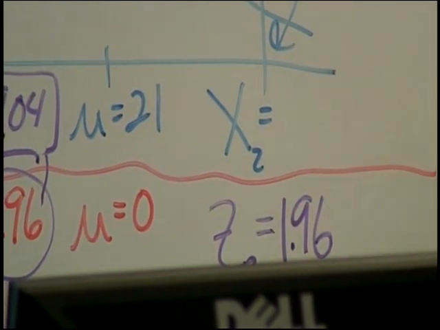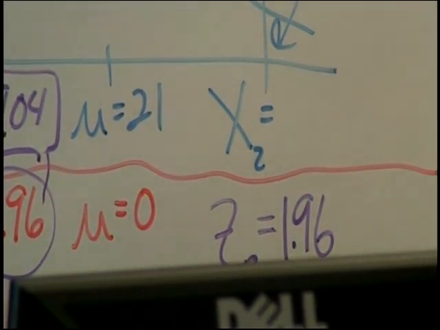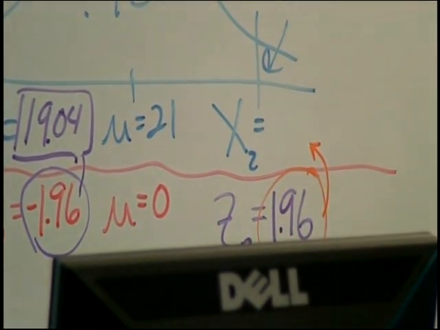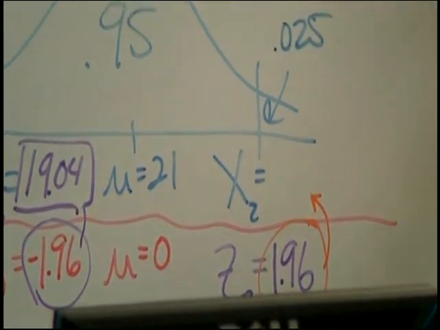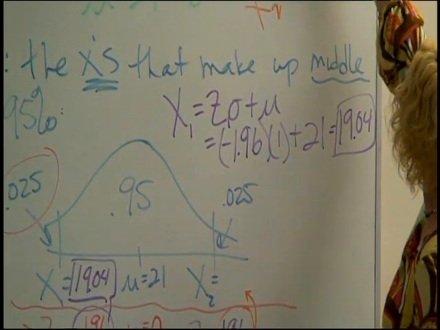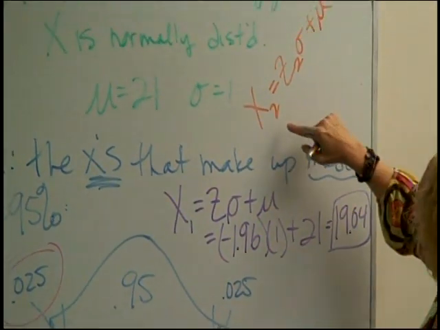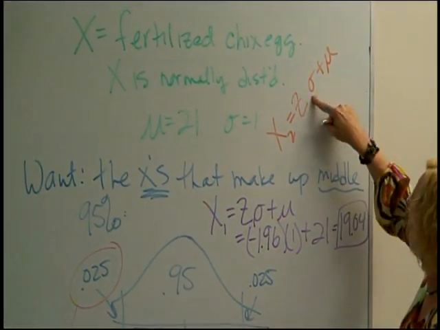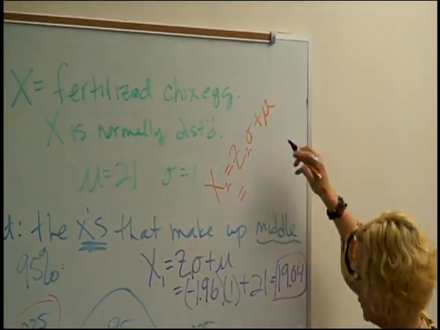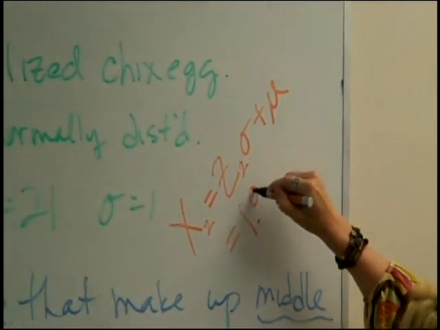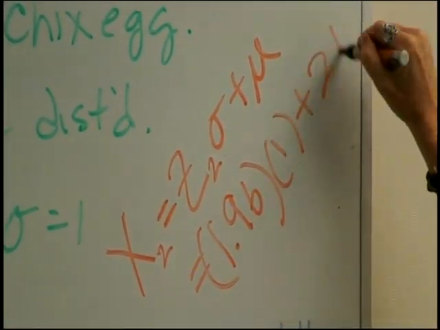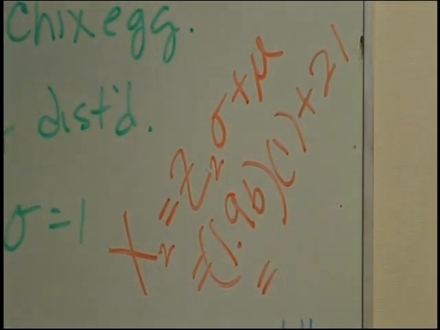Okay, so going backwards from Z2 to X2, X2 equals Z2 sigma plus mu. And that isn't times 2, that's the second Z-score, the second X value. So Z2 is positive 1.96, multiplied by 1, add the mean, and what do we get?